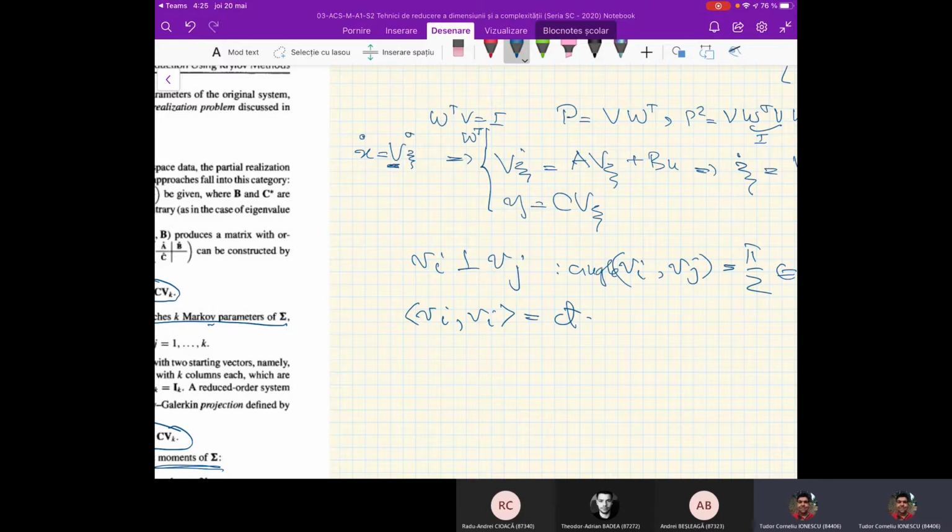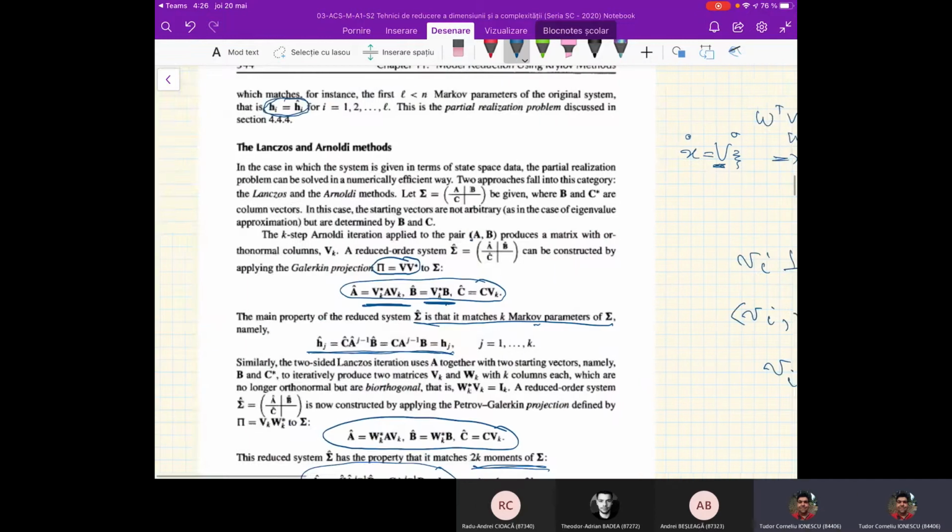Usually for any vector V, that's why it's called orthonormal, Vi is the scalar product of Vi with Vi. This is usually a norm, if you remember from the second year. So it's something like this.